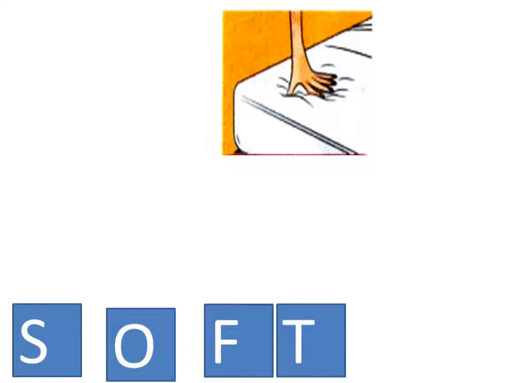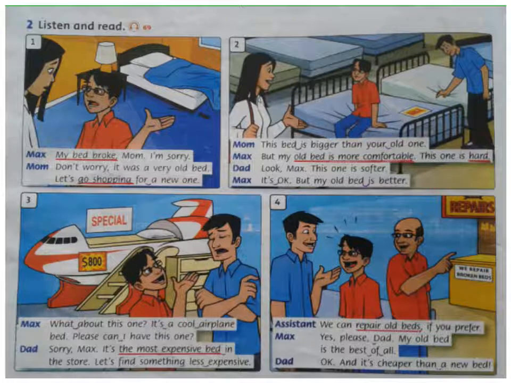Now, let's listen and read in the next part. In this part, before listening and reading, we will learn about the story that happened in the shop. Now let's start with picture number 1. My question is, how was the bag?